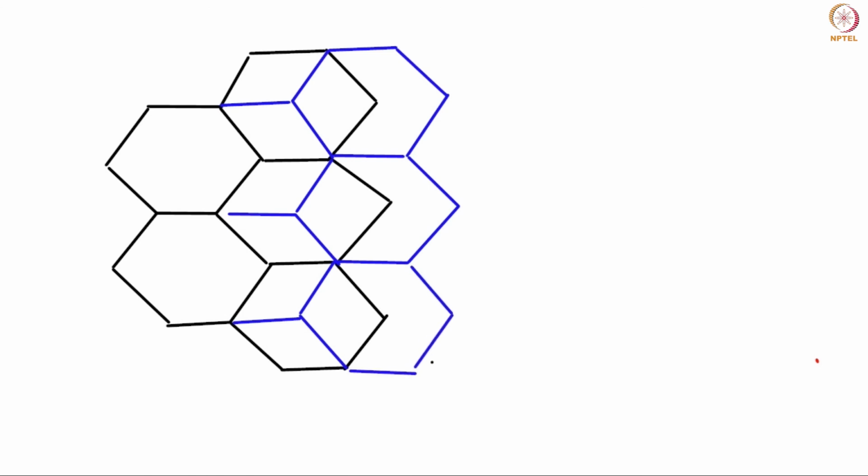Now, right now what do we have here? We have our unit cell. This is how we select our unit cell. We go from this point, and we select our unit cell like this. We have atoms number 1, number 2 here, 3 and 4, and then we have one atom sitting here.